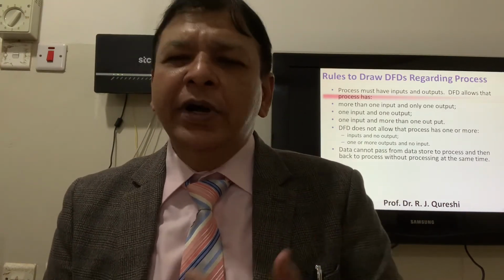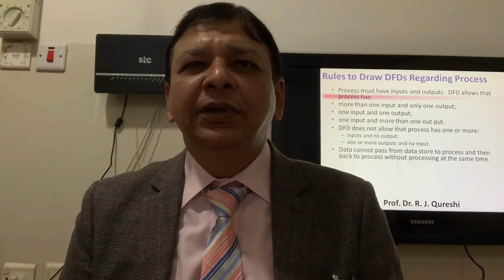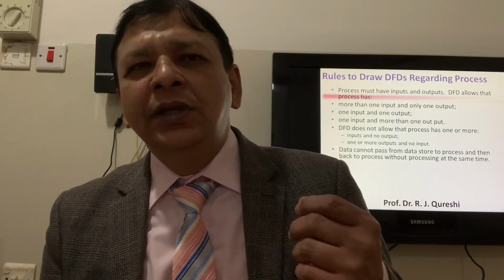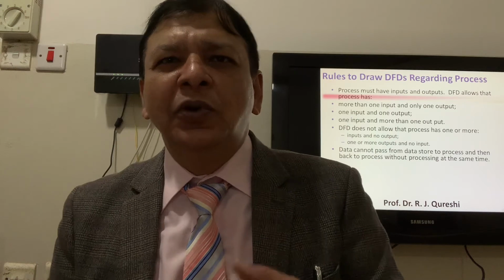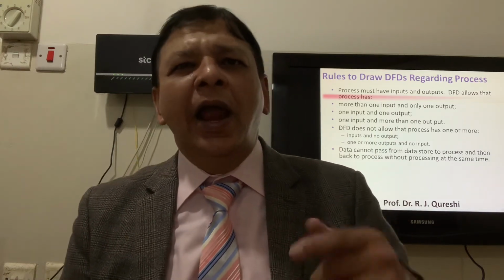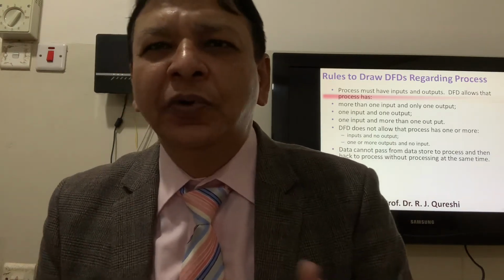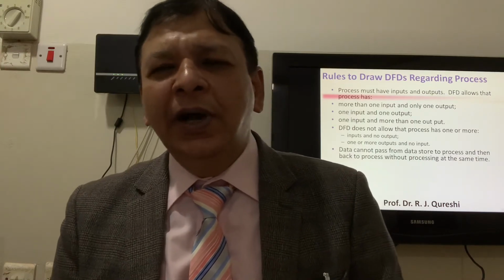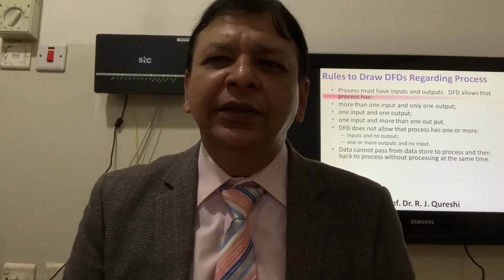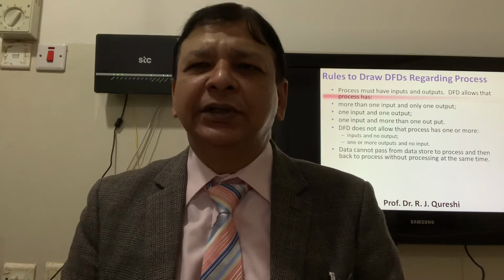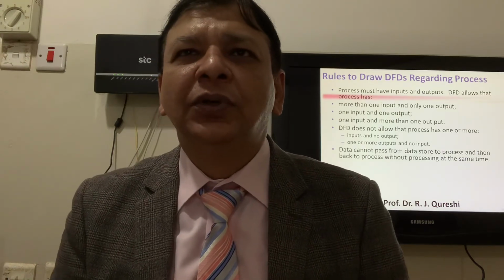One input and one output is also possible. DFD doesn't allow a process to have one or more inputs and no output, or one or more outputs and no input. Data cannot pass from a data store to a process and then back to the same process without processing. So these are some rules.